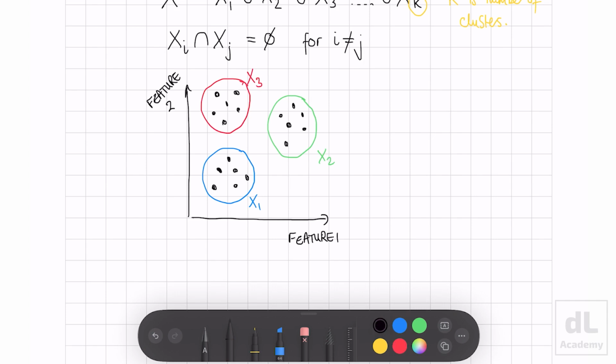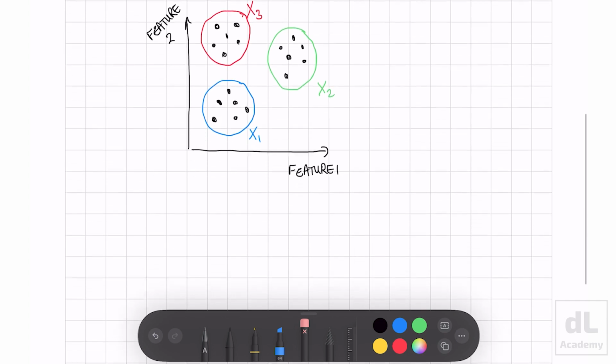To labour the point, all the points are part of X, so all these black dots are part of the set X, but we've partitioned or clustered the elements into 3 subgroups, x1, x2, x3. In this case K would be 3, because there are 3 clusters, and none of these sets overlap. That means any element in one of these sets only belongs to one of the clusters.